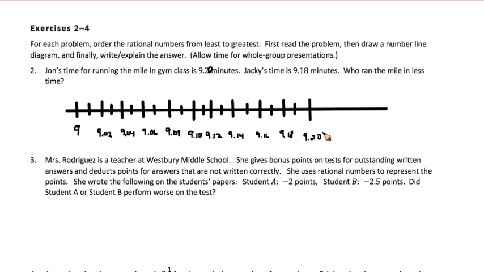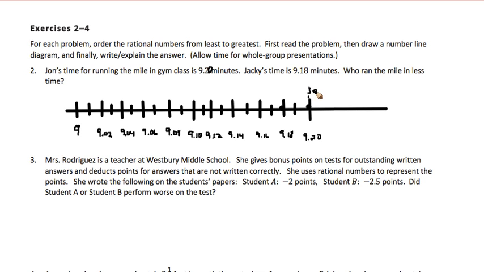Then we can look at the number line, and what we are trying to graph are 9 and 18 hundredths, which is right here, and 9 and 20 hundredths, which is right here. The 9 and 20 hundredths is John's time.